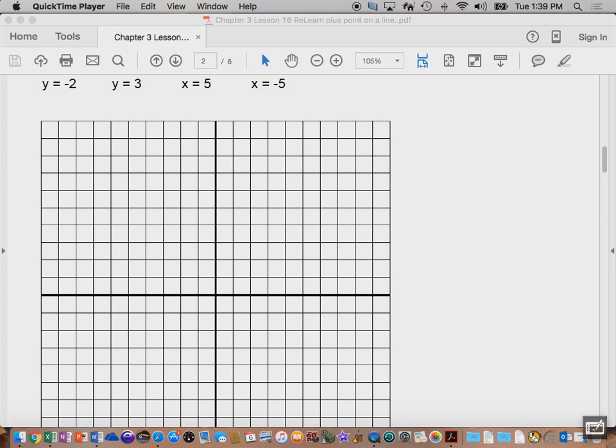But do you notice how it says y equals just a number and x equals just a number? We say that that's y equals or x equals a constant. Any line that's y equals just a number or x equals just a number is going to be either a horizontal line or a vertical line. Okay?